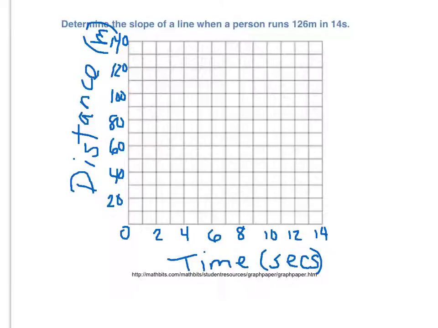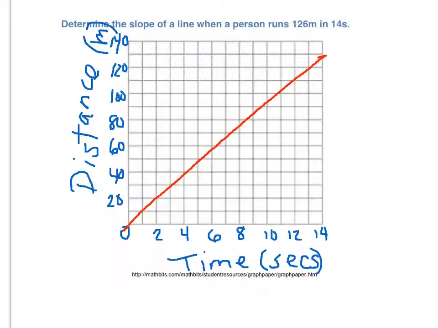And so at 14 seconds, this person traveled 126 meters. So right about here, I'm just going to take a line and I want to make it as straight as possible to get to this point. All right.